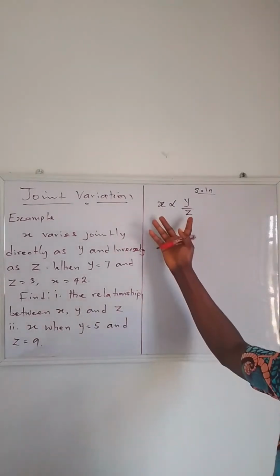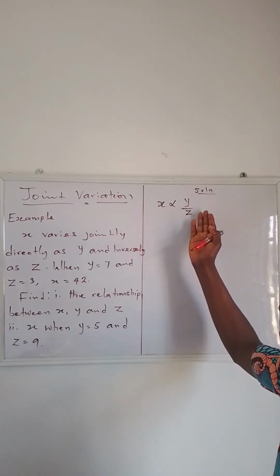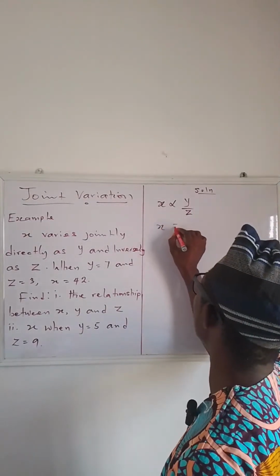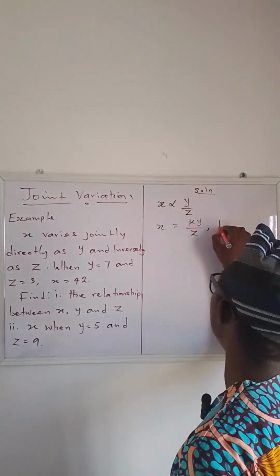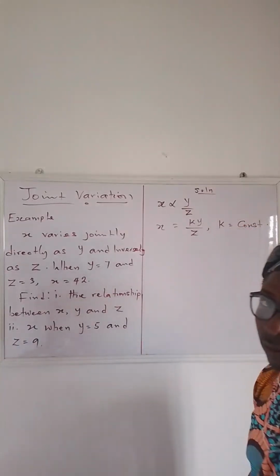This is joint variation. You can see we have three variables. Now from here you introduce the constant. So you have X equals KY over Z, where K is a constant.